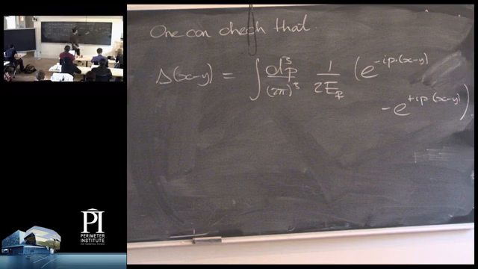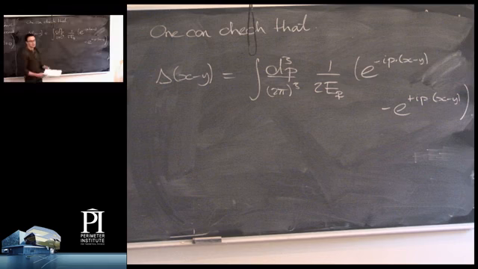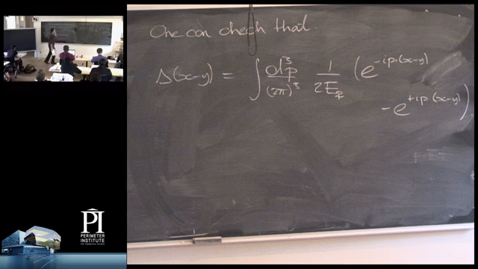Okay, so again, simple calculation: plug in the mode expansions, do the commutations. There'll be delta functions from the commutations, and this is what you get.